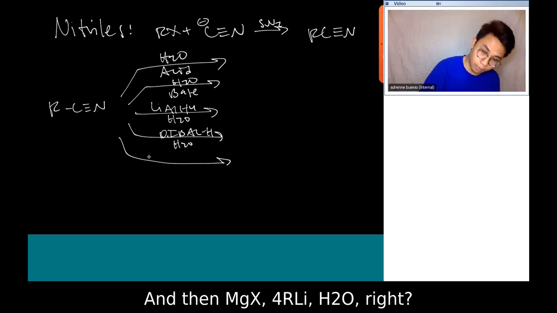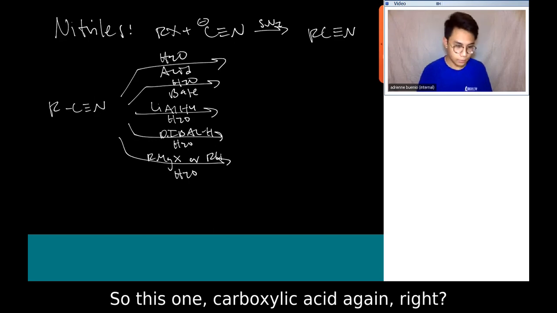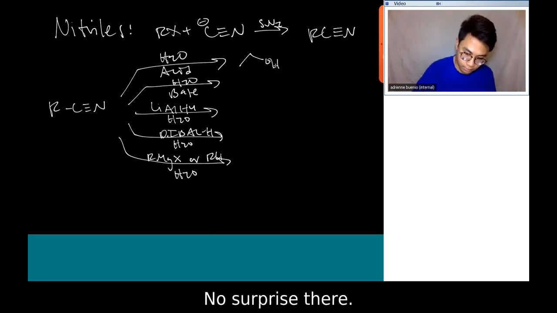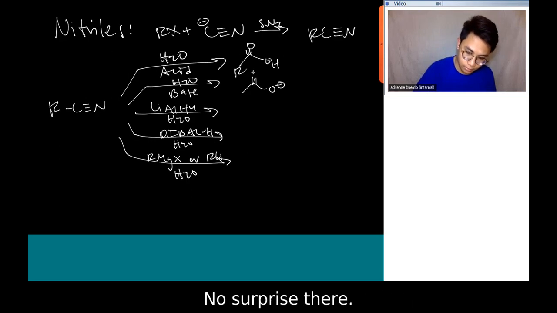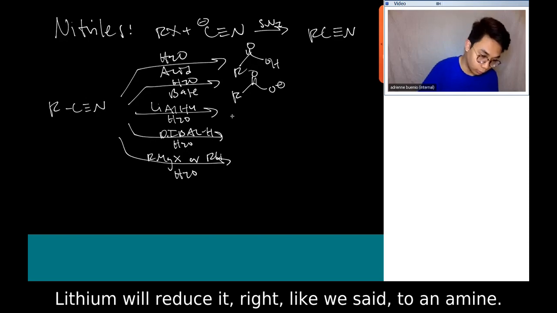And then MgX or RLi, H2O. So this one, carboxylic acid again, no surprise there. This one, carboxylate anion, no surprise there.